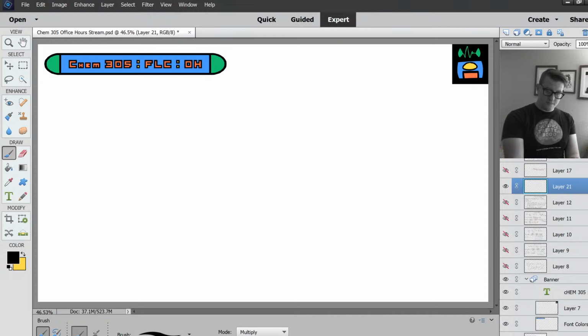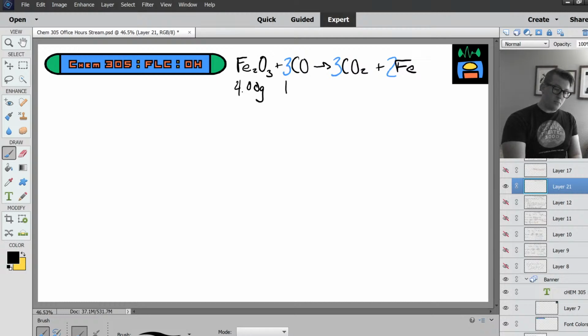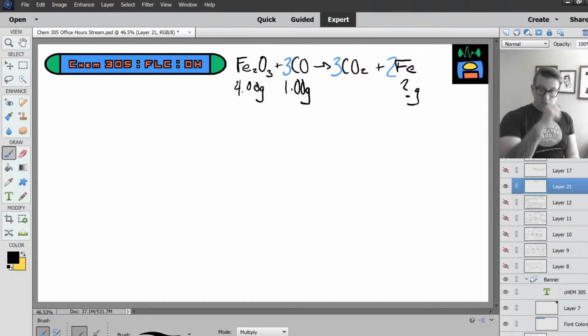So we have our balanced chemical equation, and we're told that we have 4.00 grams of iron 3 oxide and 1.00 grams of carbon monoxide. And we're told to determine the theoretical yield of iron and the limiting reactant.